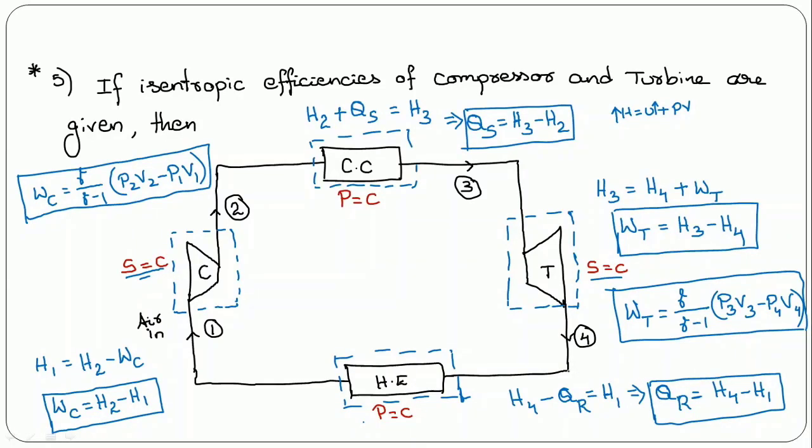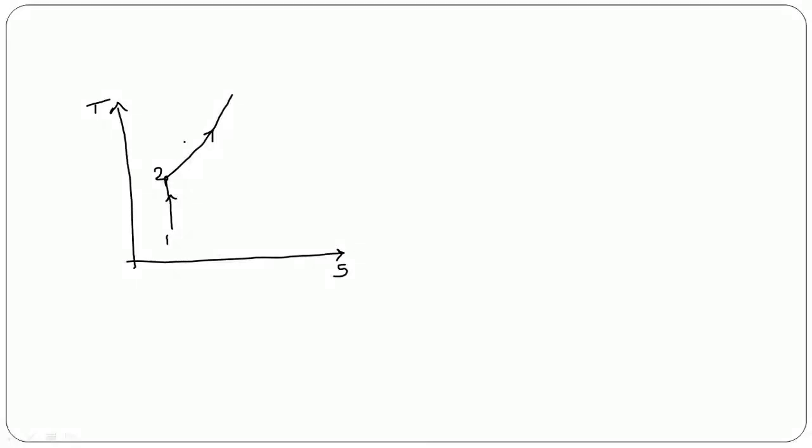That means if I draw the TS diagram here, for this closed cycle gas turbine plant, process 1 to 2 is isentropic compression, 2 to 3 is constant pressure heat addition, 3 to 4 isentropic expansion, and 4 to 1 constant pressure heat rejection.